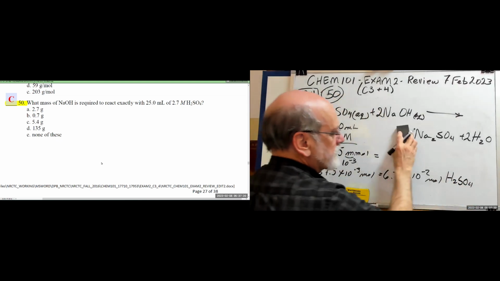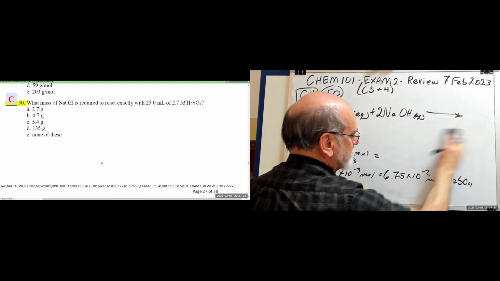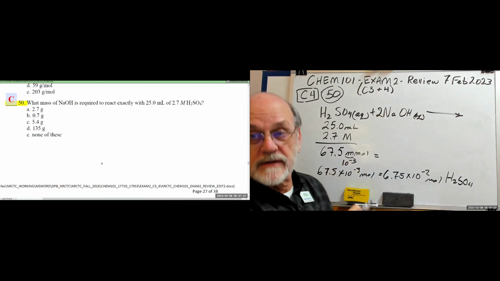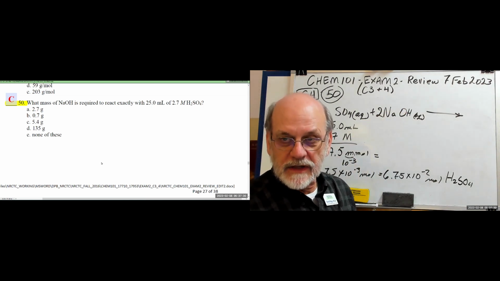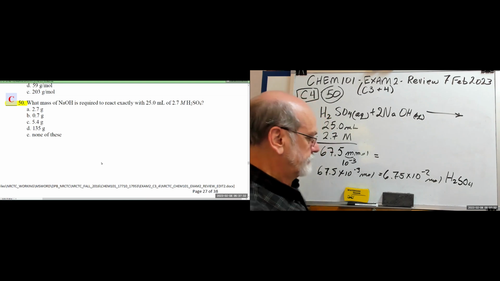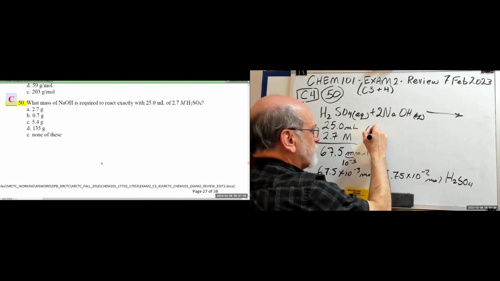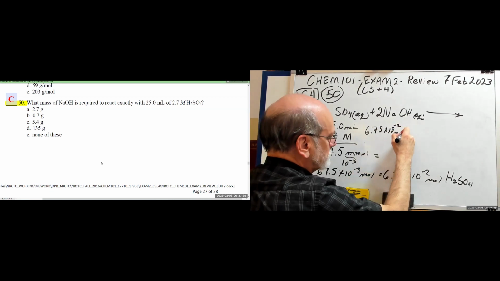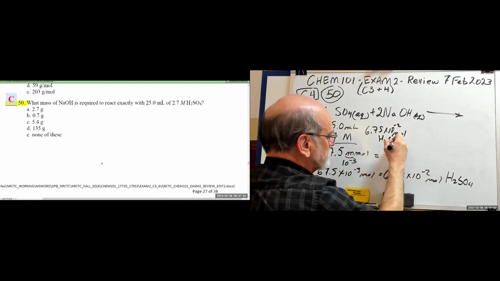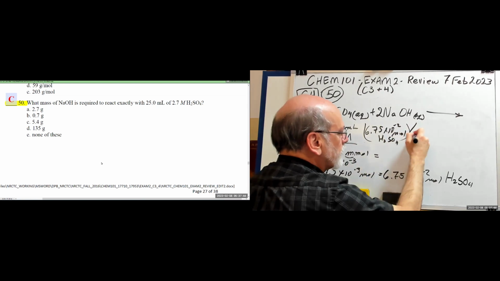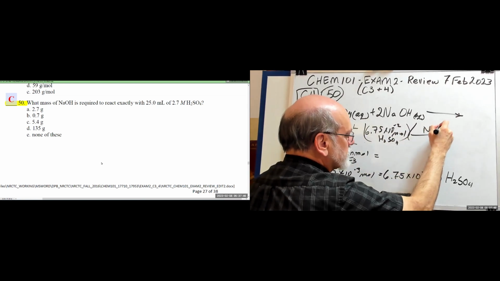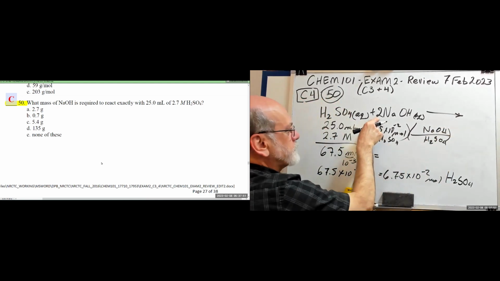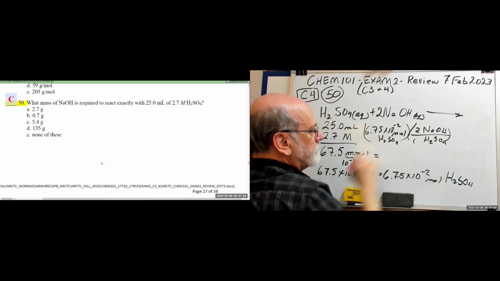Okay, I'm going to make some room here. Now we need to convert this into moles of sodium hydroxide so that we can calculate the mass required. So 6.75 times 10 to the minus 2 moles of sulfuric acid will be converted to sodium hydroxide with the ratio of 2 to 1. Right?